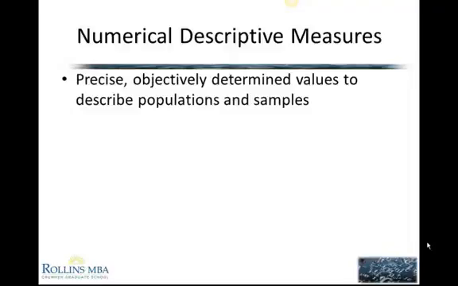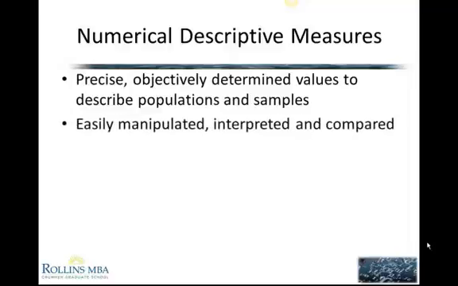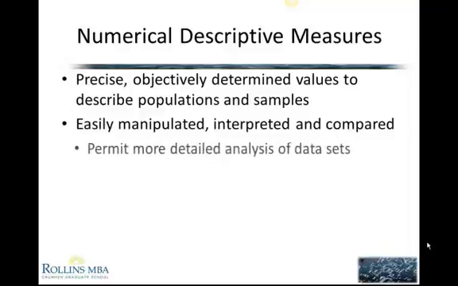And we can contrast that to the graphical measures, which gave us a really quick snapshot, but sometimes were a little bit difficult to compare because they're somewhat subjective in terms of how we are interpreting them. The numerical measures are precise and objectively determined. They're also easily manipulated arithmetically and easily interpreted, and again, easier to compare than graphical displays of data.